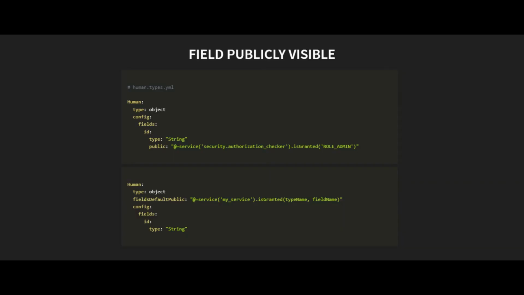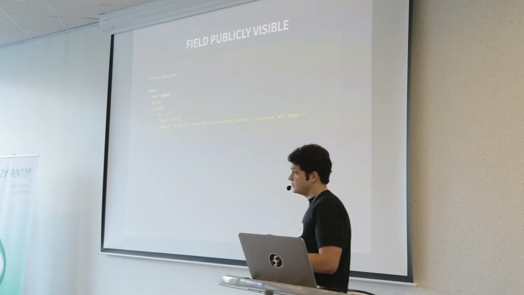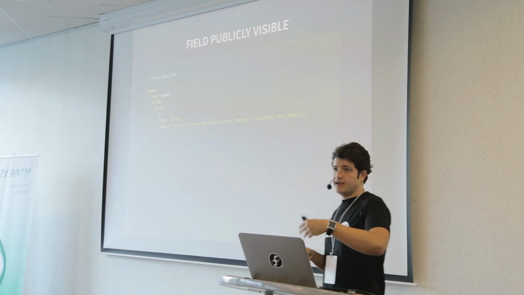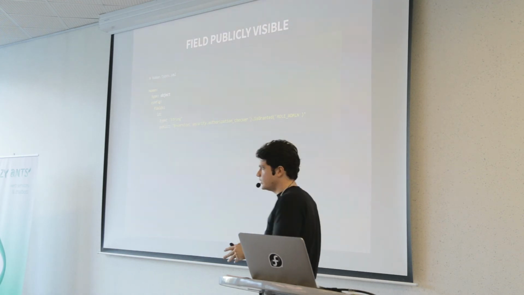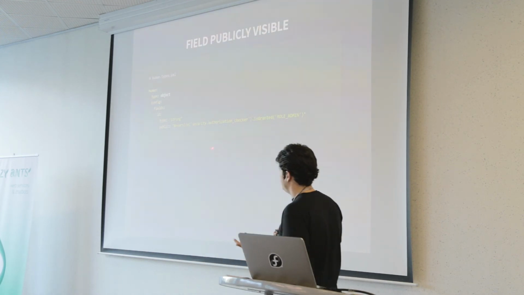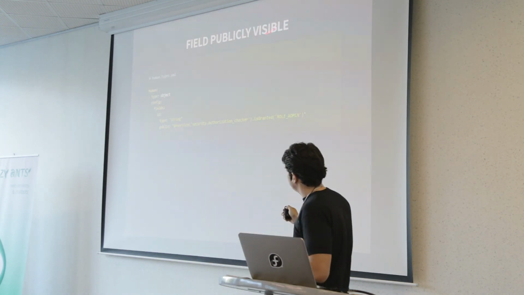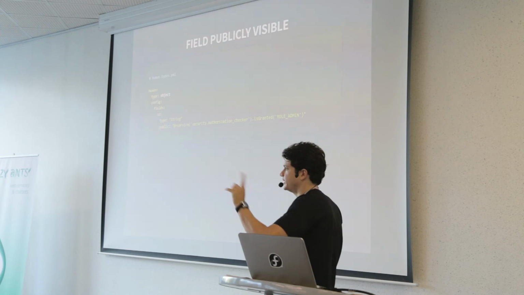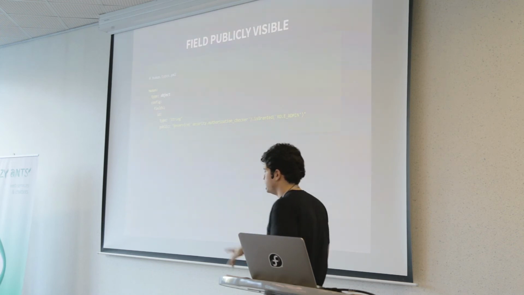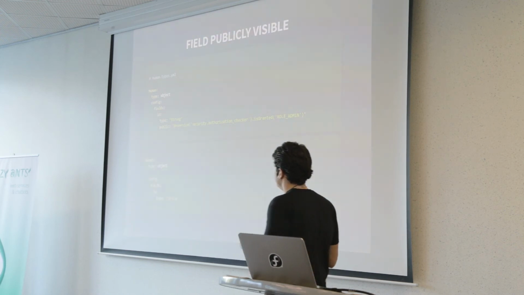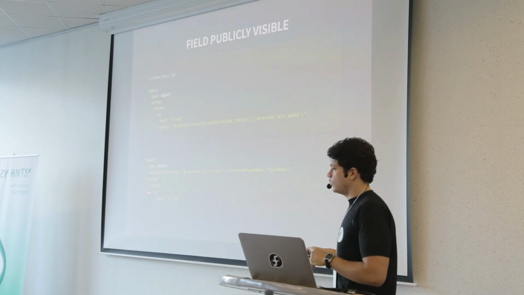So we can just grab a service from our container in Symfony and just say, hey, is it granted role admin? And then you can have role user or any other custom roles that you have. And you just want to make this field available only for admins, for example. In this case, it's just the visibility of the field. In the other case was a limitation of not sending the information. You can do both. And you can set it also for the whole object.